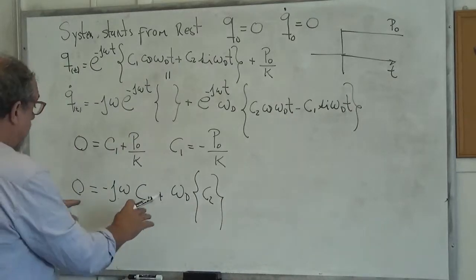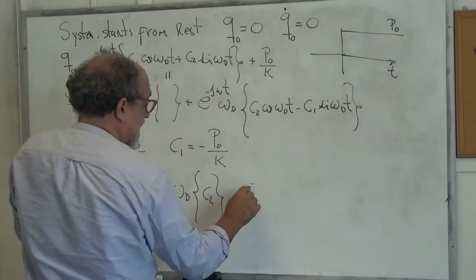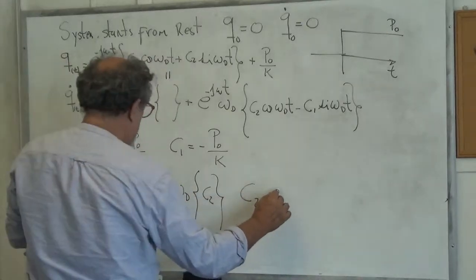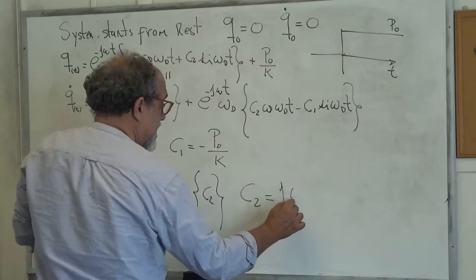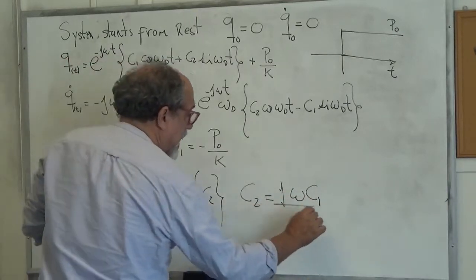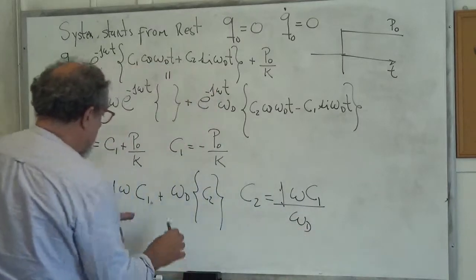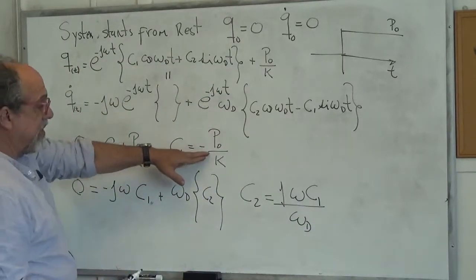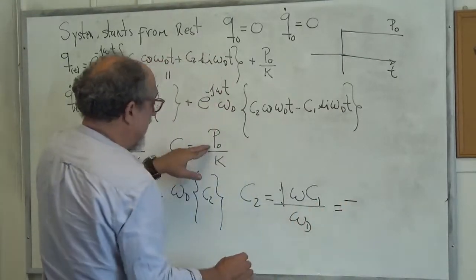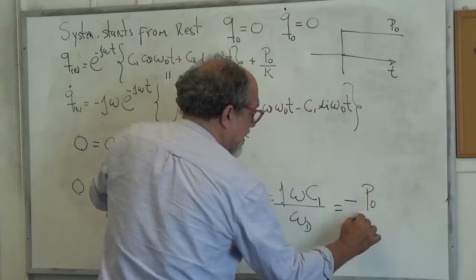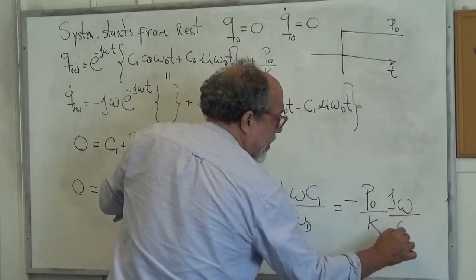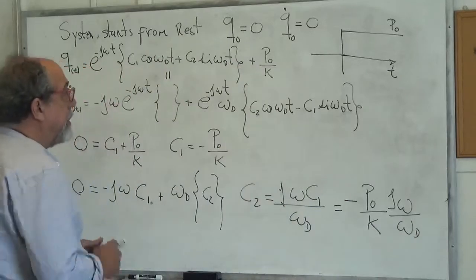Now that means from this expression that C2 is equal to, this goes positive, omega psi times C1 divided by omega damped, right? That would be C2, but we already have C1 equal to this, therefore C2 is negative P0 over K times the damping times omega over omega damped, okay?